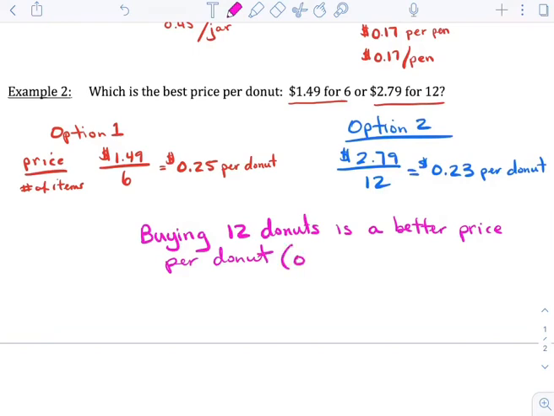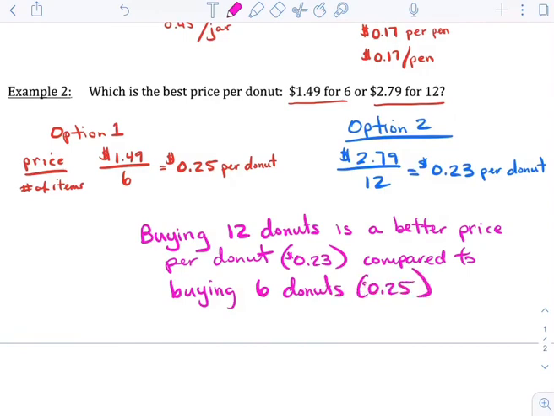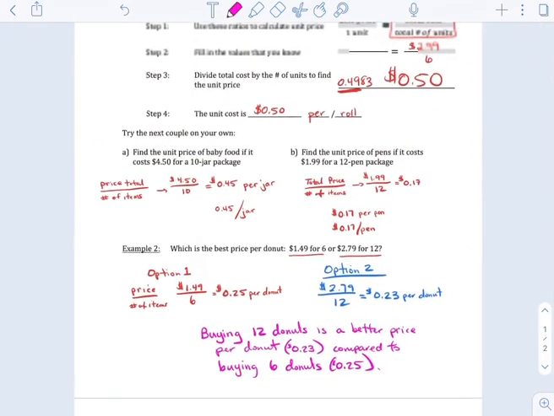Price per donut, because it's 23 cents, compared to buying 6 donuts, where it was 25 cents. So that's the idea behind this. We're just dividing our price by how many, and then we compare. And wanting to spend less for the same item, we would buy whichever one is cheaper, $0.23. And that's it for this section.